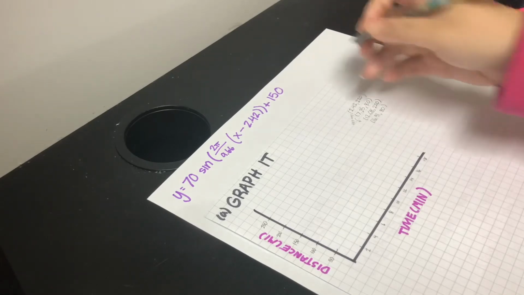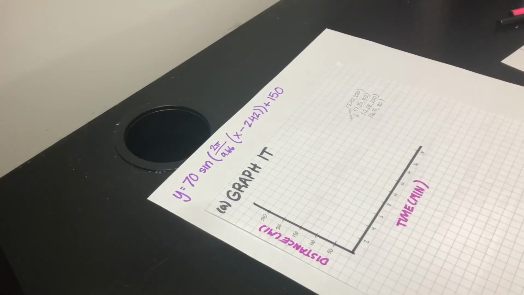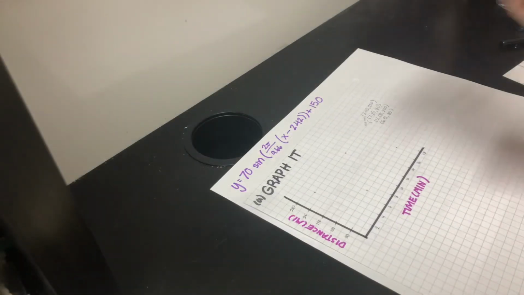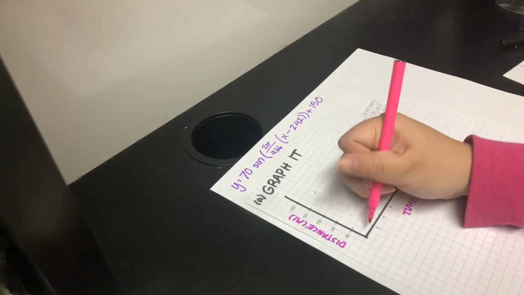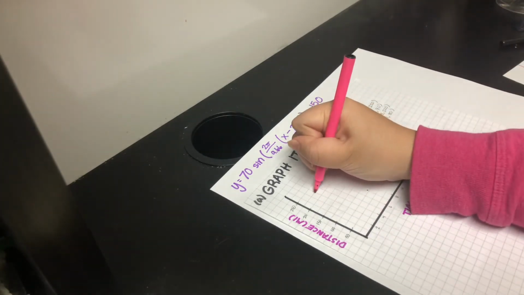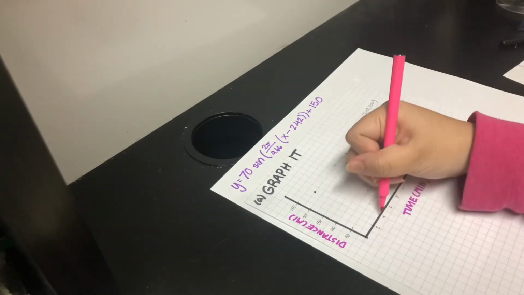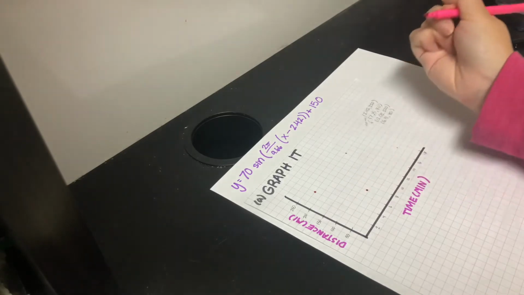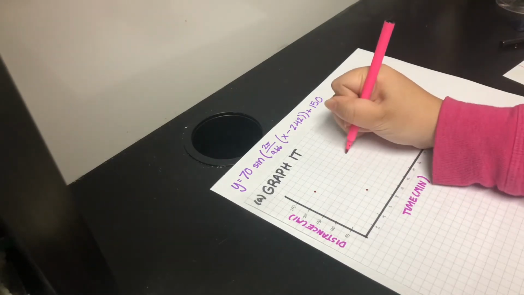And then from there, we start graphing the points. Eventually, it'll start to look more like a sine equation. So now we can start plotting our points. So we have 2.42, 220 right here. The next one would be 7.25, 80. And then we would have 12.08, 220, which is around here.